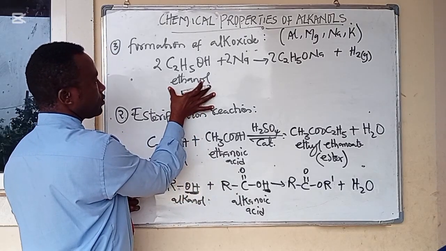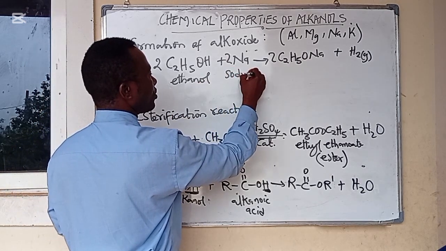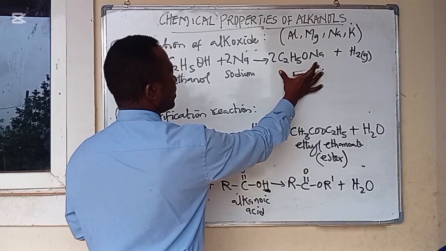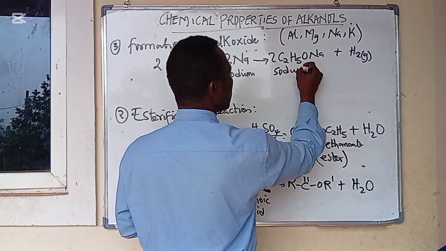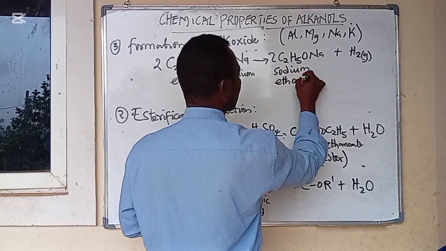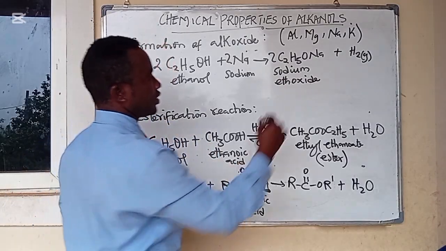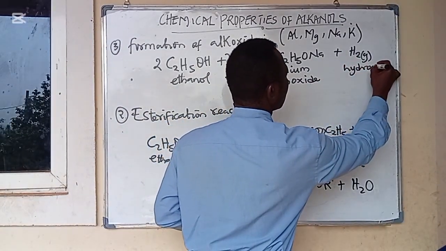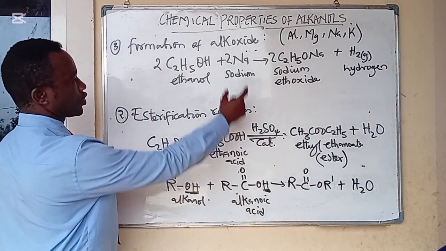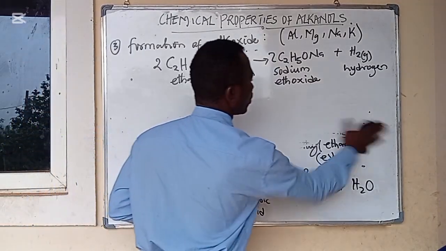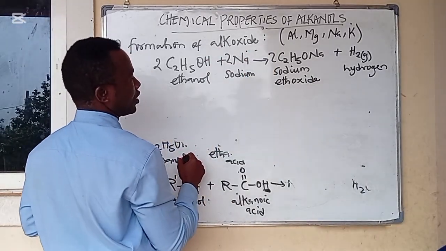This is ethanol, which is an alkanol, reacting with sodium to give you this compound we see here, which is an alkoxide. So it is called sodium ethoxide. This is sodium ethoxide, and this is hydrogen. So ethanol reacting with sodium will give you sodium ethoxide. This sodium ethoxide is an alkoxide.